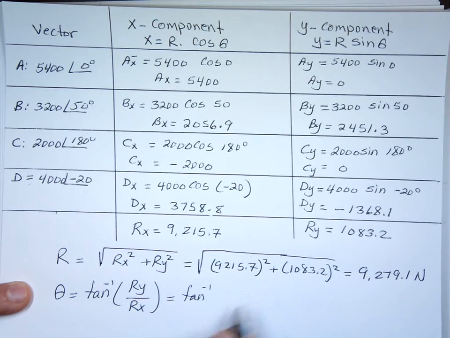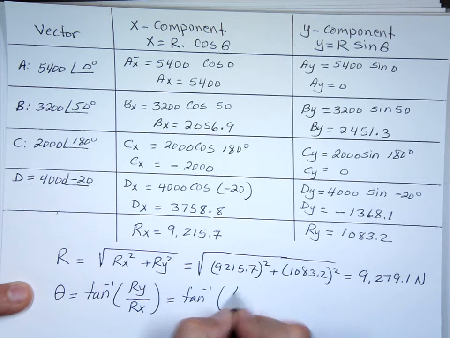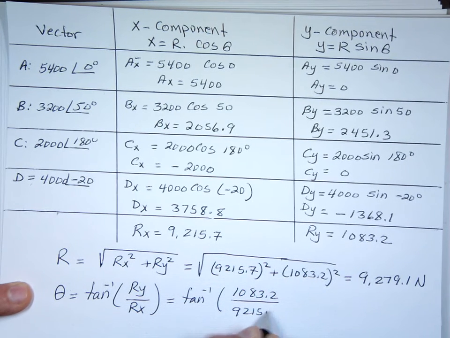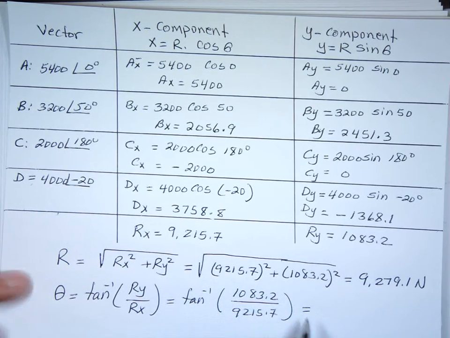R sub y is 1083.2, R sub x is 9215.7. Inverse tangent of 1083.2 divided by 9215.7, and it's 6.7 degrees.